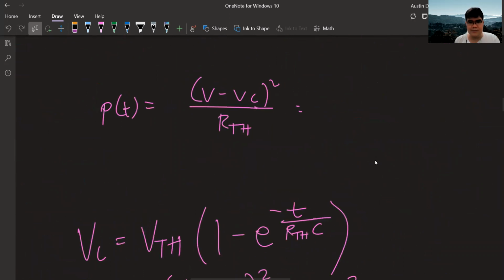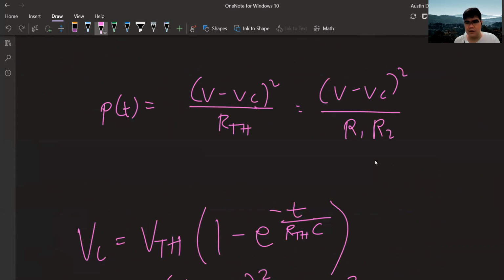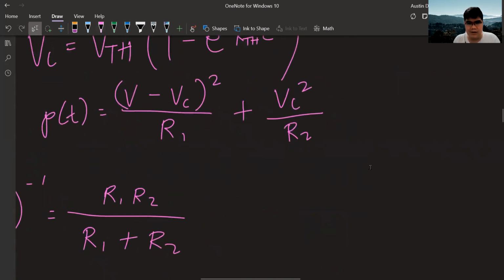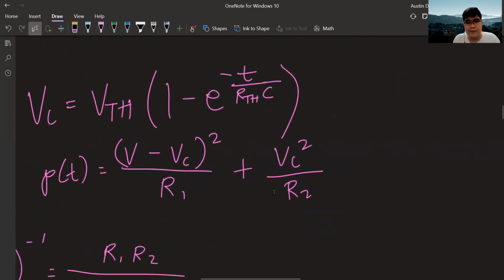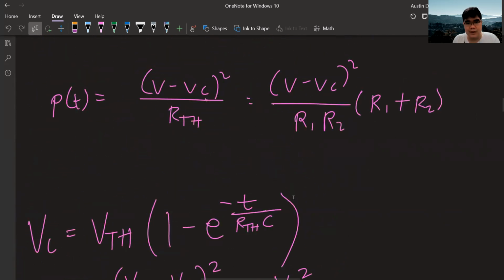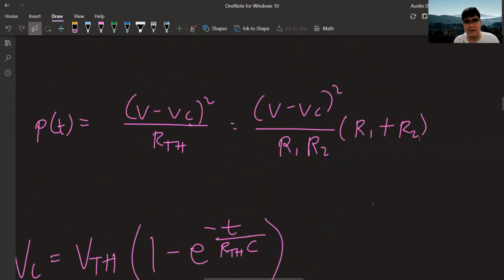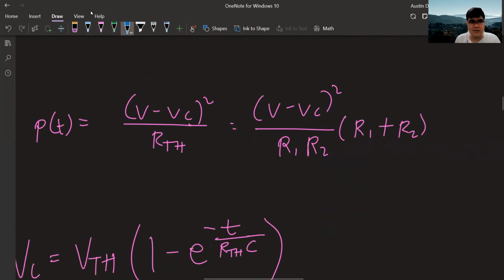So V minus VC squared R1, R2, tapos R1 plus R2. Okay, and this is not equal to this. Hindi siya equal dito. Kulang siya ng term. Okay, so this is wrong.